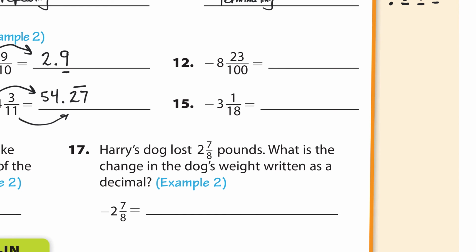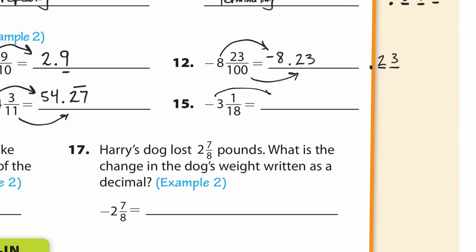This one, the 8, so that negative 8 is going to be there. And the 23 over 100, that's easy. Again, decimal point, tenths, hundredths place. So the 3 needs to be in the hundredths place. And there it is, 0.23. See how easy that is?